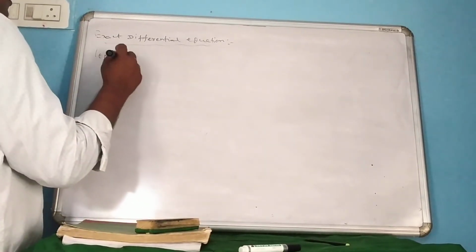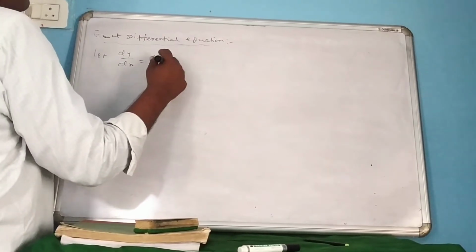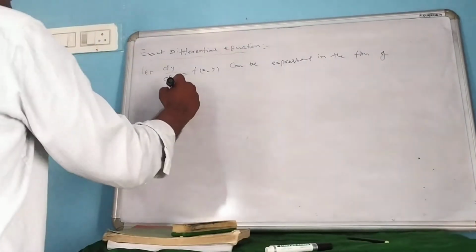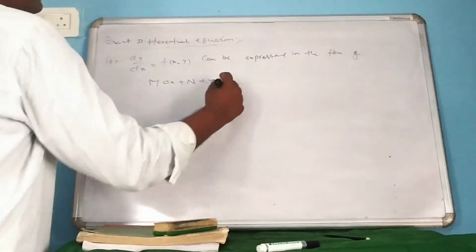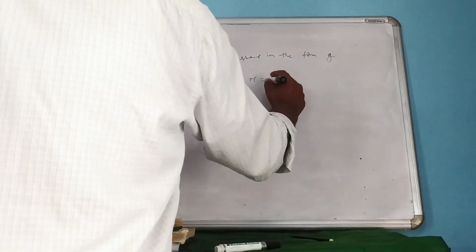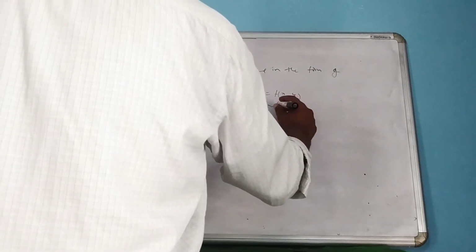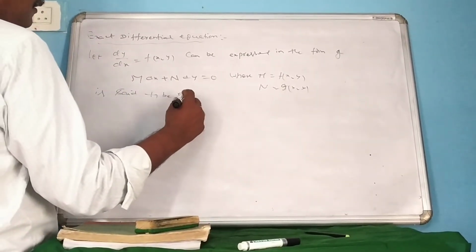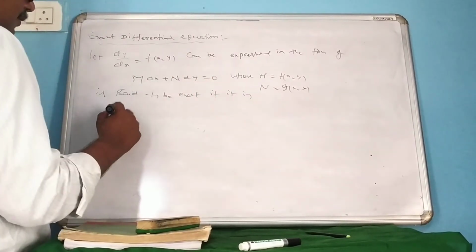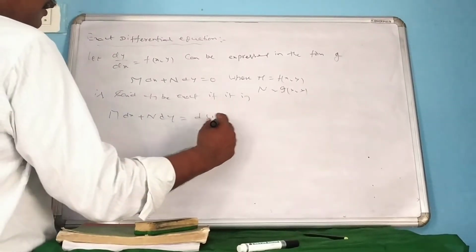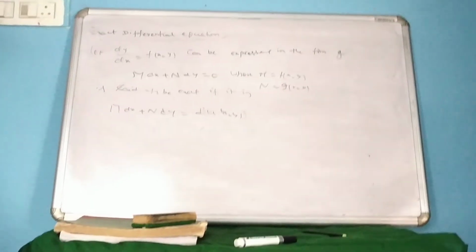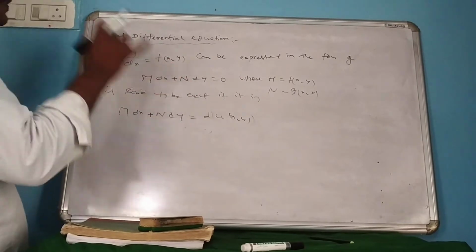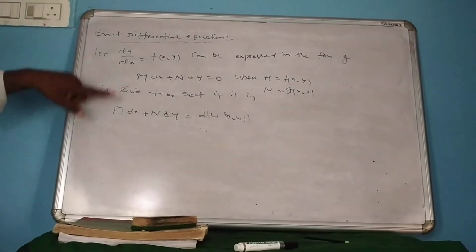Exact. Let dy by dx is equal to f of x, y can be expressed in the form of M dx plus N dy is equal to 0, where M is a function of x, y, N is a function of x, y. It is said to be exact if M dx plus N dy is equal to the derivative of u of x, y. Then the given differential equation is called an exact differential equation.